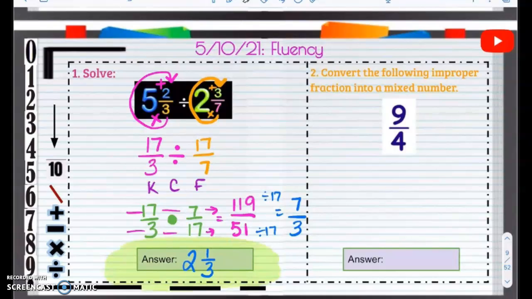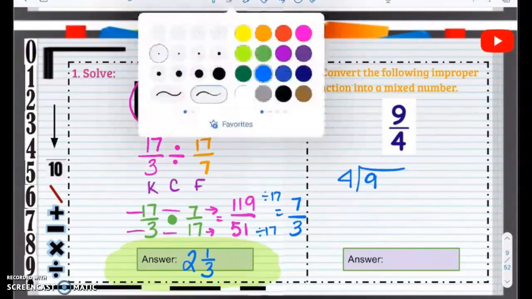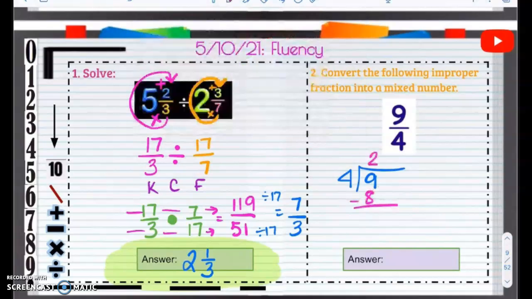Now let's convert the following improper fraction into a mixed number. So all we're doing is dividing. So we have 9, and we divide it by 4. How many times can 4 go into 9? I know that it can go into 9 2 times. 4 times 2 is 8. Subtract. We have a 1.